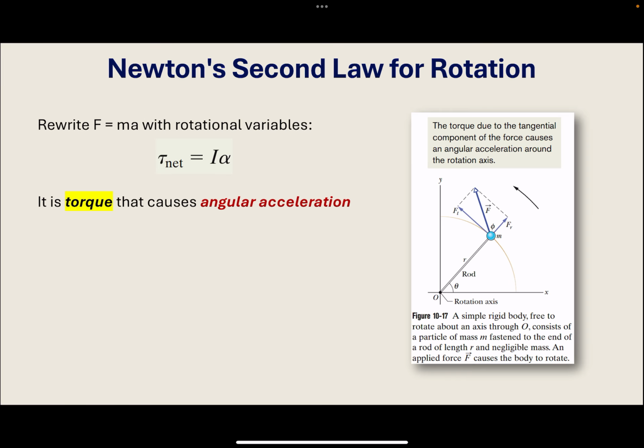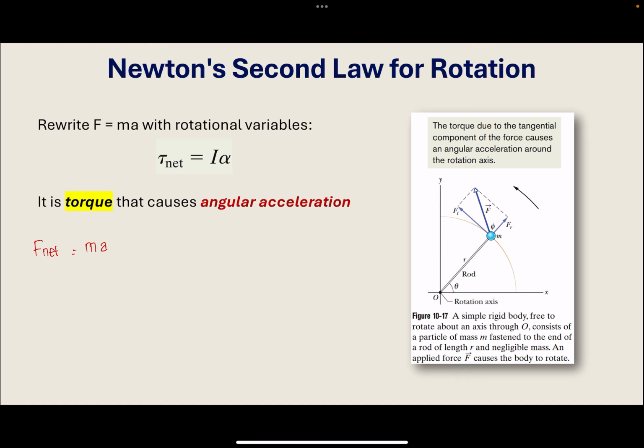And then we arrive at one of the most fundamental principles in physics, Newton's second law, this time applied to rotational motion. In linear motion, we have F equals ma, meaning that a net force produces linear acceleration.